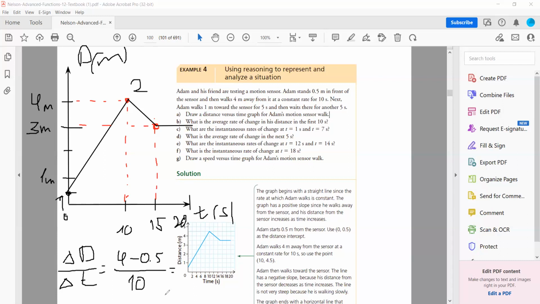So we're going to have 3.5 divided by 10 equals 0.35 meters per second. This would be average rate of change for Adam in the first 10 seconds of his sensor test.